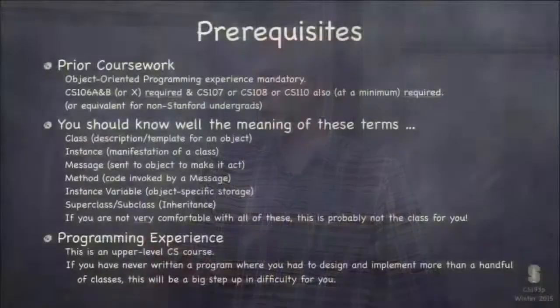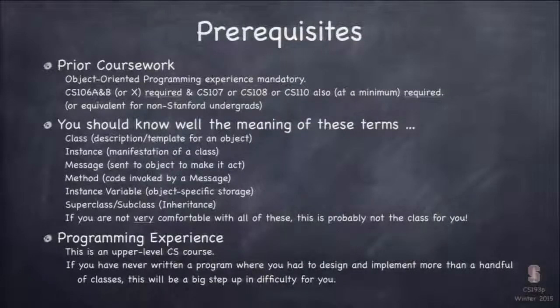In fact, all the work in this class is programming. You will have a little bit of reading the first couple of weeks just to learn this new language, but it's almost all programming after that all the way to the end, including your final project. So if you're not really comfortable with all these object-oriented terms, or if you're not really comfortable with writing big programs, then this class will definitely be a challenge for you.